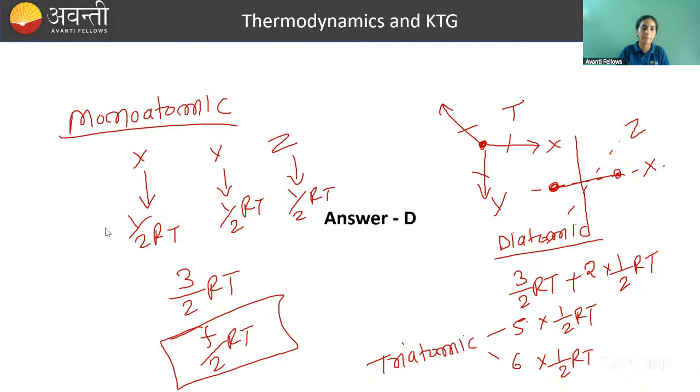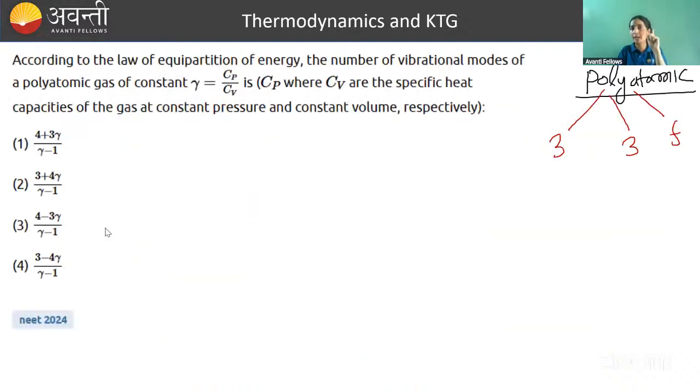In case of vibration, मैंने बताया कि in vibration for one vibrational mode, 2 energies are there. One potential, one kinetic. So if I tell you vibrational mode freedom is 1, it means how many energies it will have? ध्यान से सुनना. मैं कह रही हूँ vibrational mode अगर एक है, then I told you 2 energies it will contain, potential and kinetic.